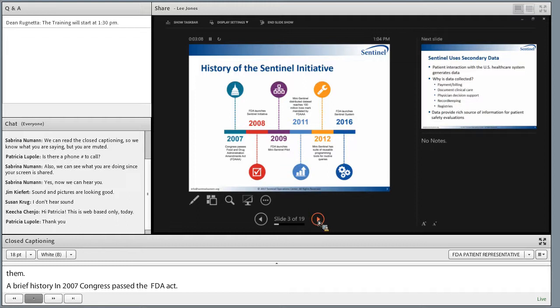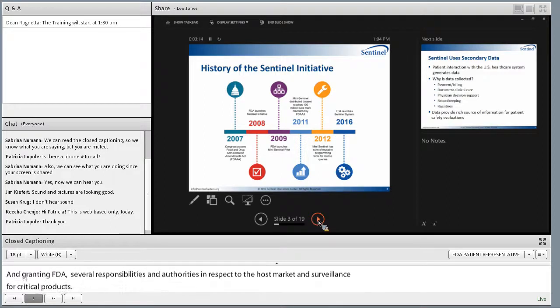One aspect was mandating that FDA create a nationwide electronic medical product surveillance system. So in 2008, FDA launched the Sentinel Initiative in response to that mandate.